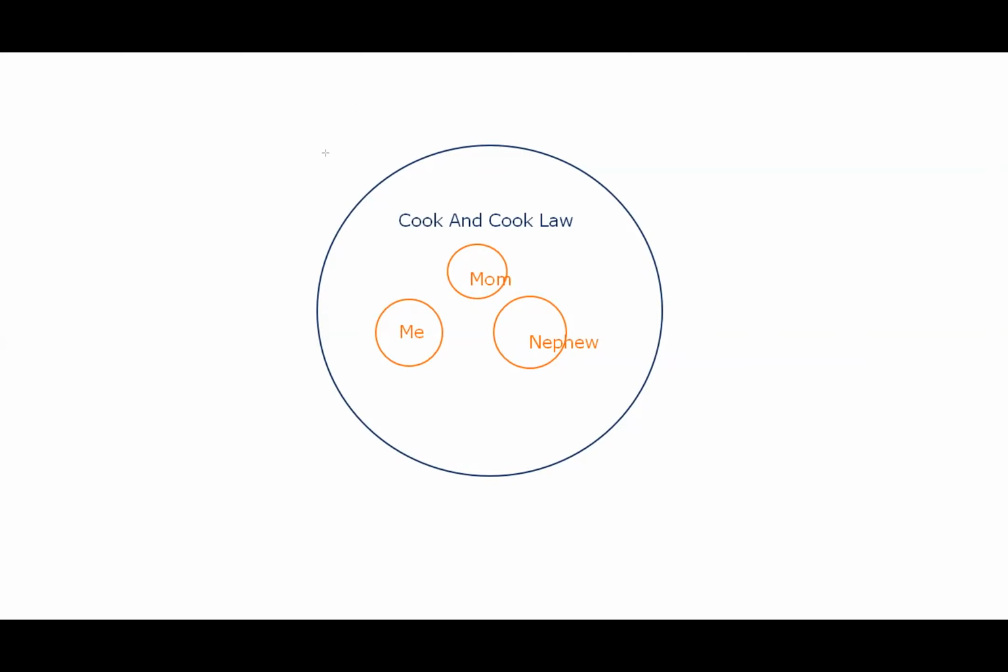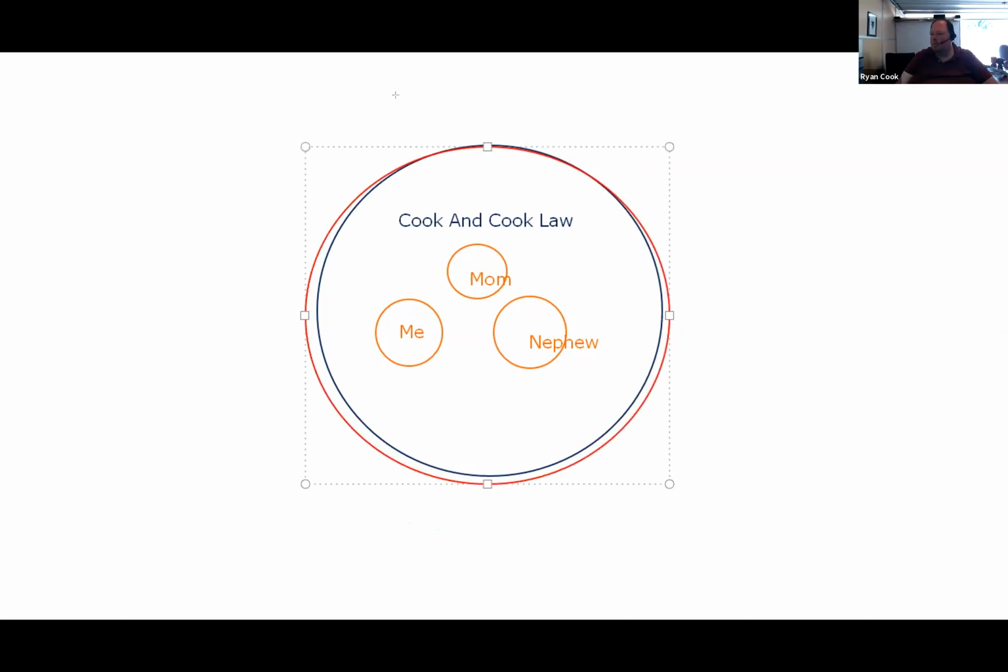It is within the corporation itself, so mom, me, and nephew would have some liability. That's going to be our liability. Oh, I would hate that. That would really suck, wouldn't it? That is your liability for all the members in the corporation.